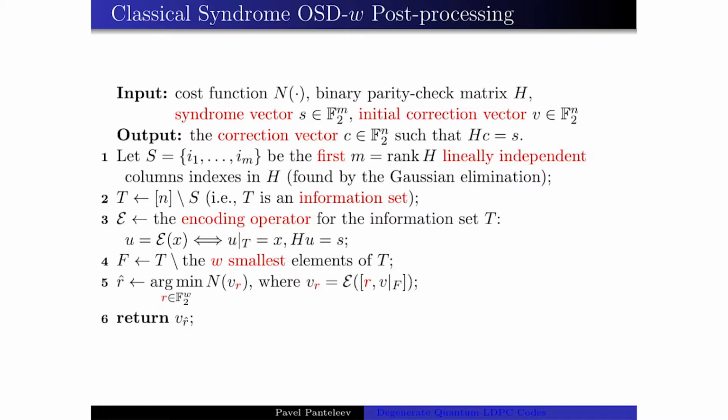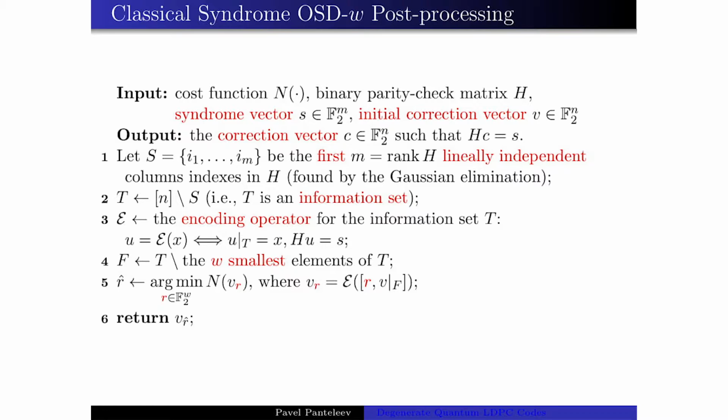So the input to this algorithm is a cost function that assigns a weight to each code word. Then we have a binary parity check matrix. We have a syndrome vector and an initial correction vector.